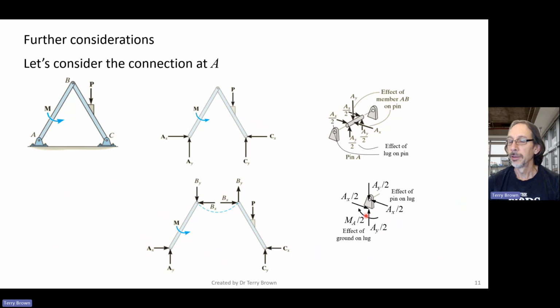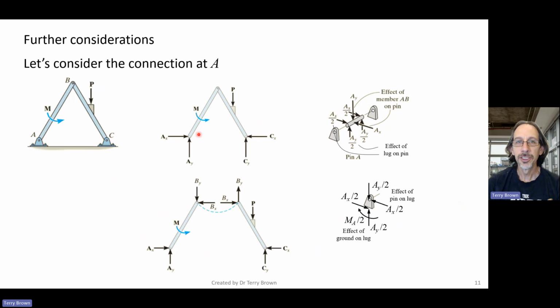If we take this a step further and draw a free body diagram of the base plate, it's held down by these bolts. In order to determine the size of these bolts, we would need to include this moment effect in the loading.